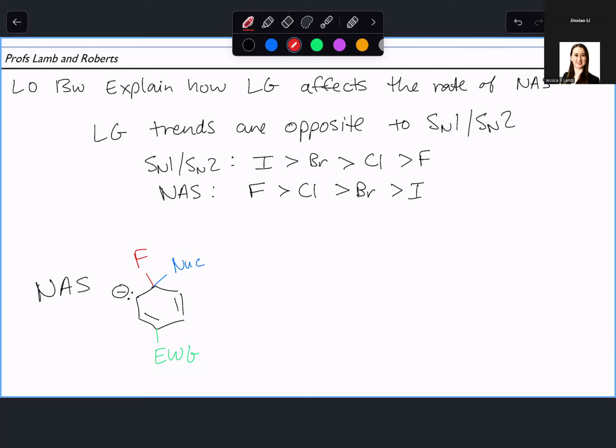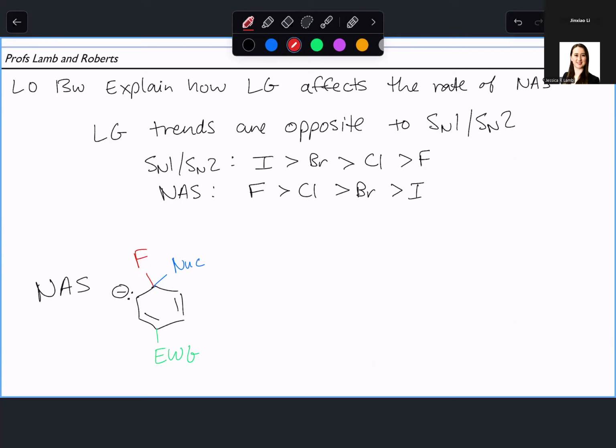So that means that it's going to have a stronger inductive effect because it is more electronegative. So that means that it is better at charge stabilization, specifically anionic charge stabilization, which then means that our rate goes up.